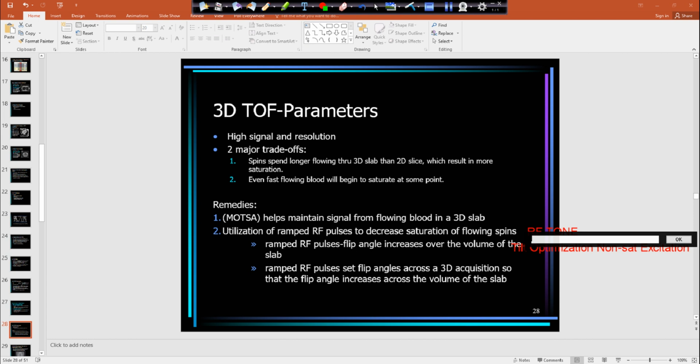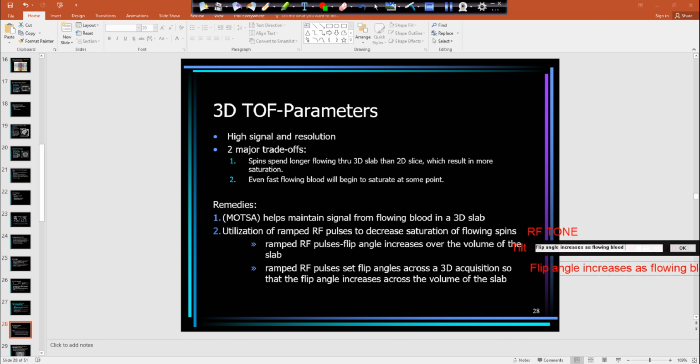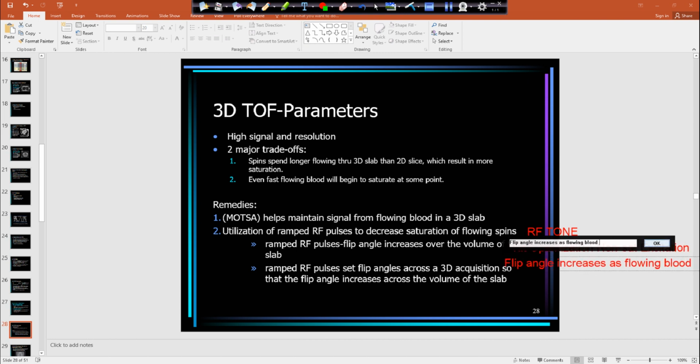So the tilt is basically dealing with flip angle. Flip angle increases as flowing blood travels through the slab.